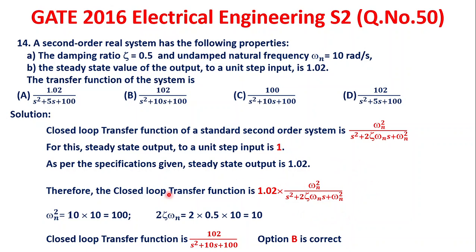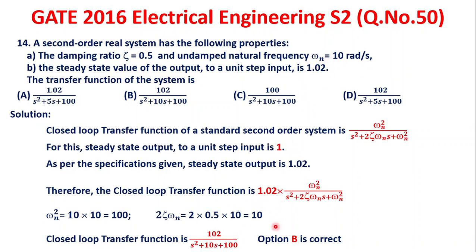So, what is omega n square? Omega n is 10. So, 10 into 10, 100. What is 2 zeta omega n? 2 into zeta into omega n, substitute, it is 10s. So, s square plus 10s plus 100. 100 into 1.02 is 102, because steady state value is 1.02.